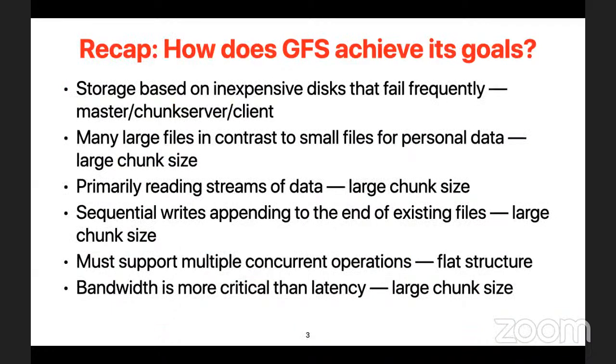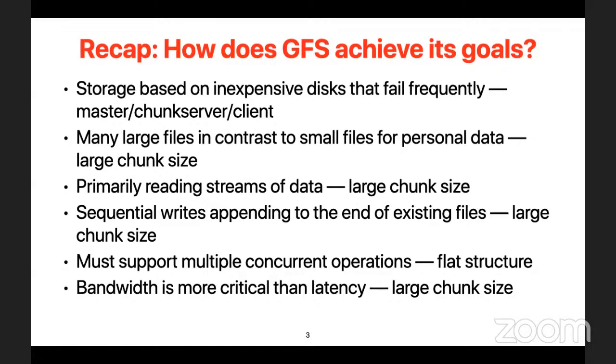And it's okay for Google to design their infrastructure the way they proposed because the workload in data centers at that time looks like this. They have storage based on inexpensive disks that fail frequently. So they have this master, chunk server, client design with replicas. For the large files that data centers, especially Google data centers, need to deal with, they just make the chunk size larger.